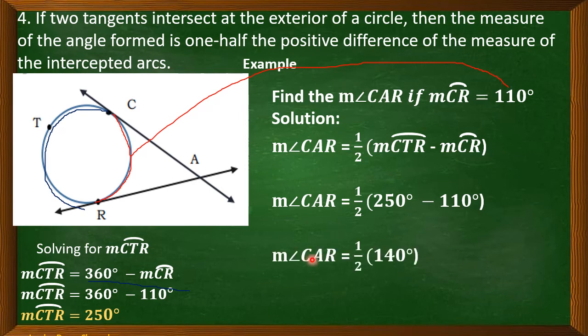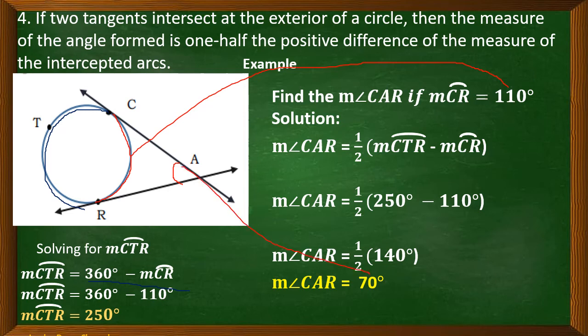So we have 1/2 of 250 minus 110. So we have 140 degrees, and 1/2 of 140 degrees is 70 degrees, or 140 divided by 2, that is 70 degrees. That's why we have here 70 degrees as the measurement of our angle CAR. And this is the angle CAR.